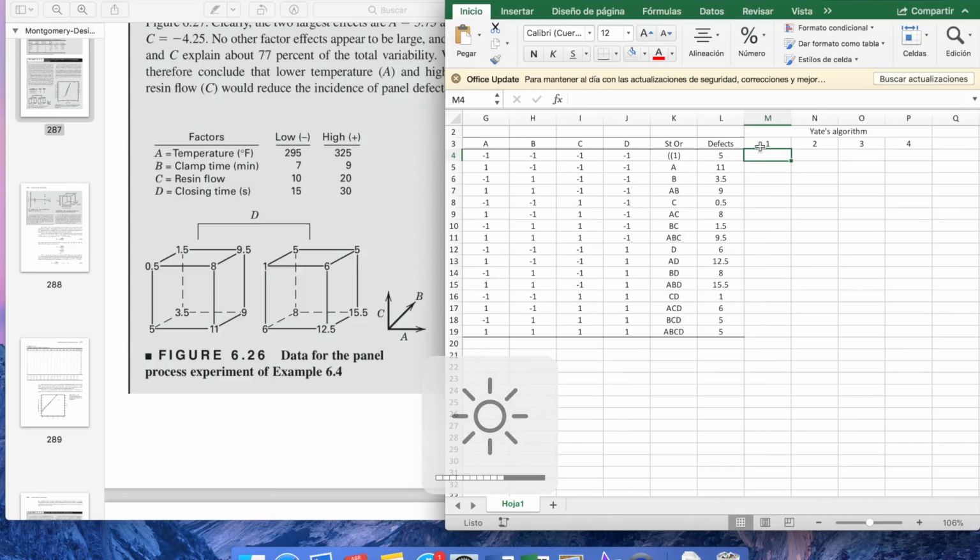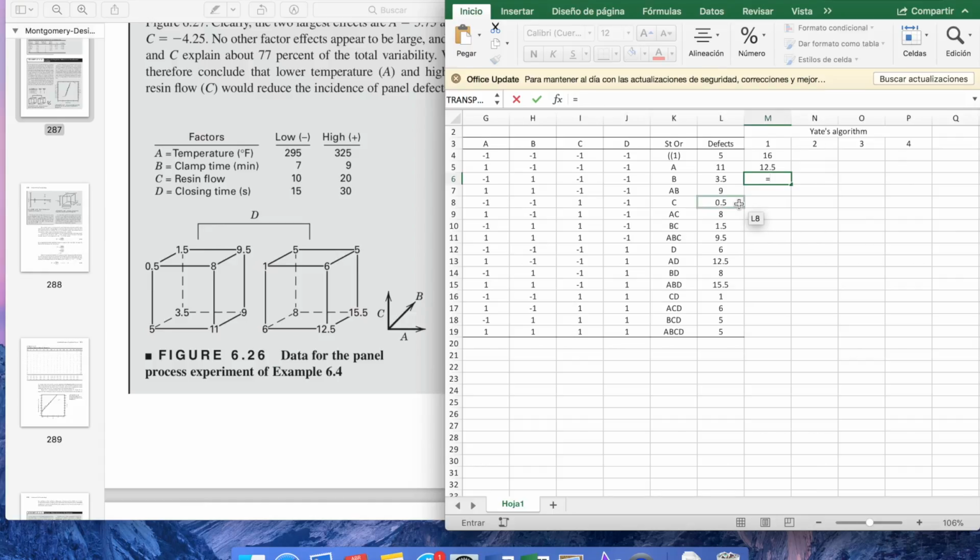I wrote down the data. Now I'm doing Yates' algorithm, which is going to be the first data plus the second one, then the third one plus the fourth one, then the fifth one plus the sixth, and so on.